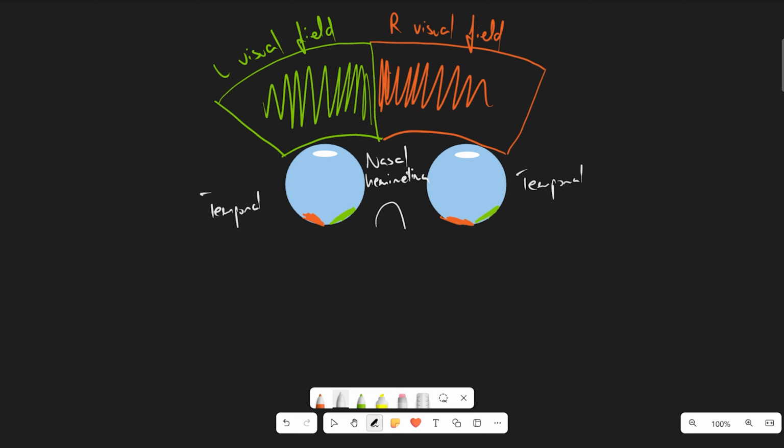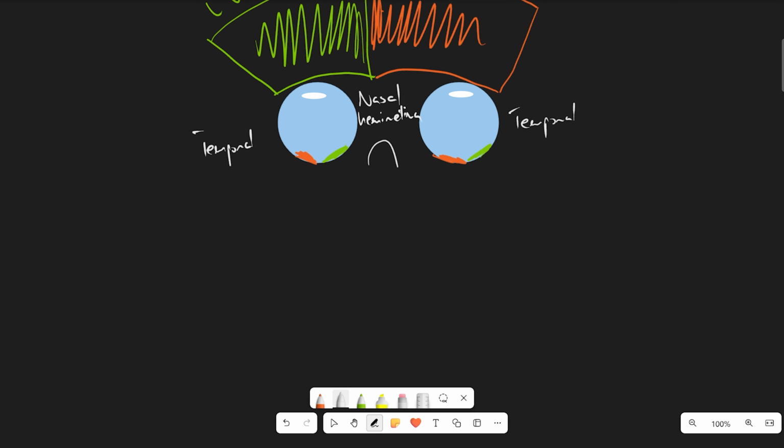Now, it's very important because right now we've got the light from the left visual field and from the right visual field. And it obviously goes through the optic nerve, but it also reaches the optic chiasm. Here we've got optic chiasm.